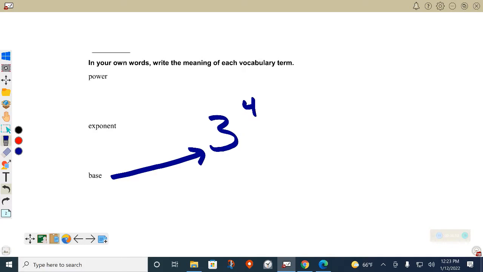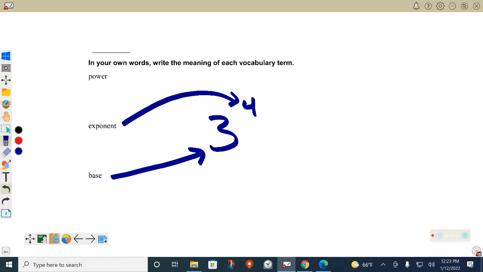The exponent is a 4. So far, so good. Pretty straightforward. Then what's the power then? Where should I draw an arrow for the power?